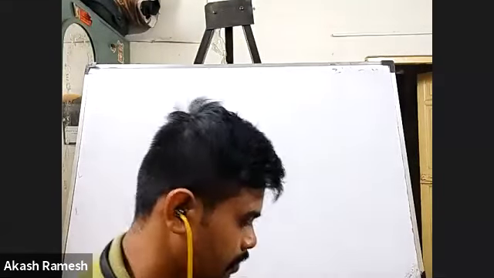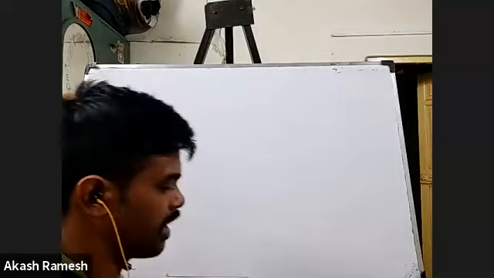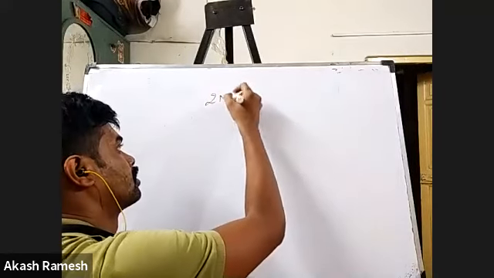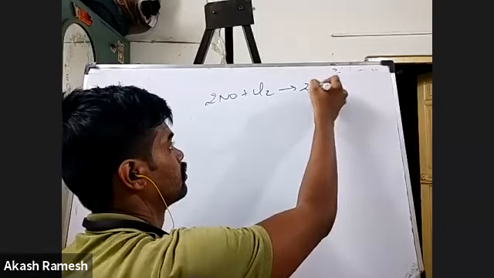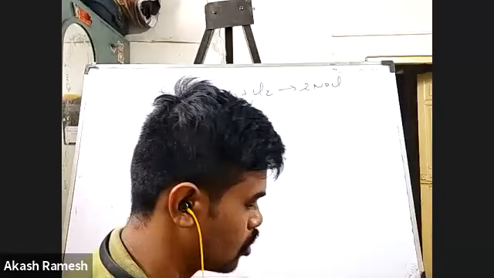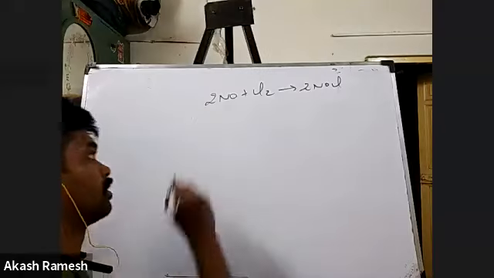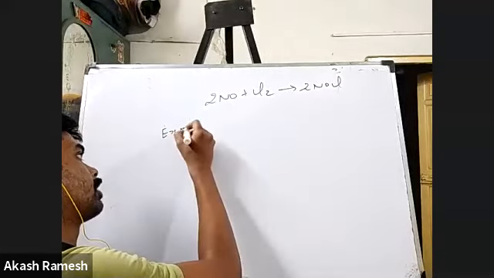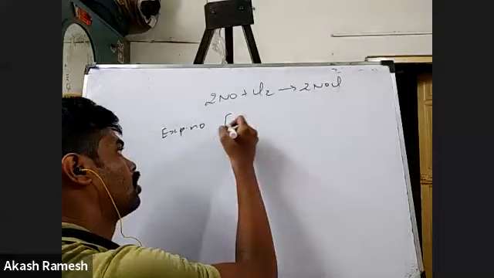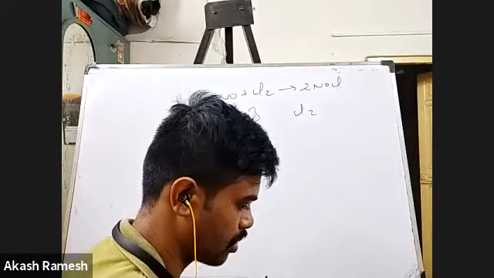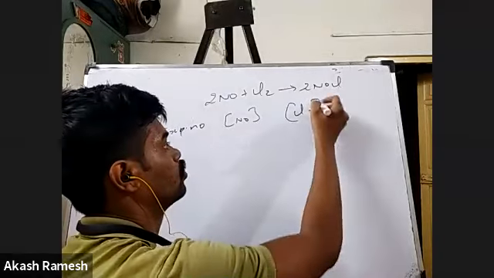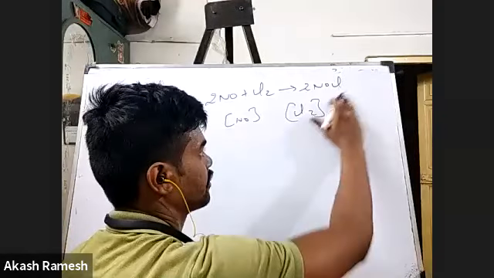So I have this reaction: 2NO plus Cl2 gives 2NOCl. So say first the experiment number, concentration of NO, concentration of Cl2, and lastly the rate.